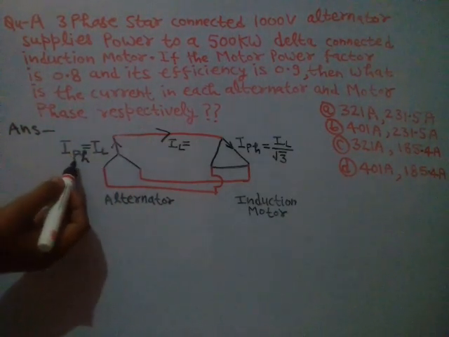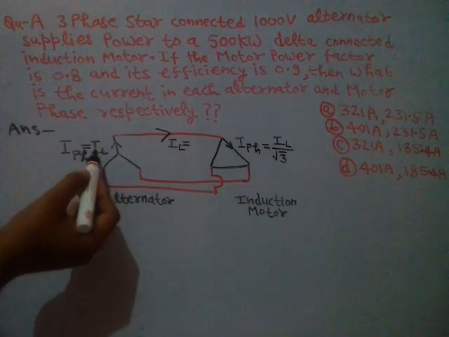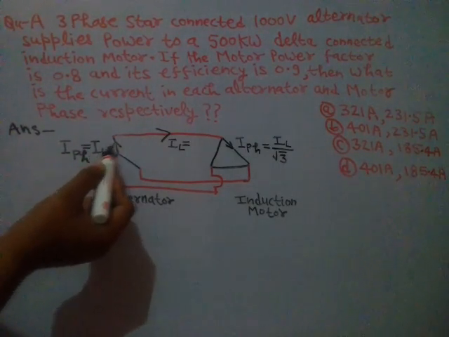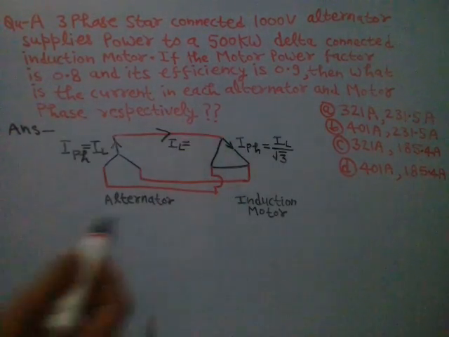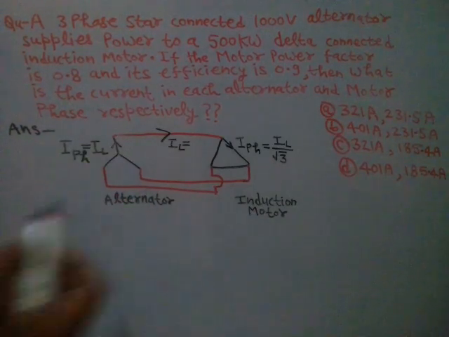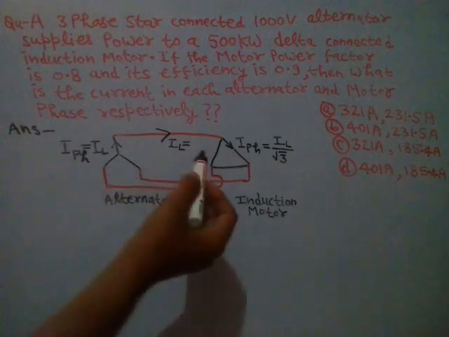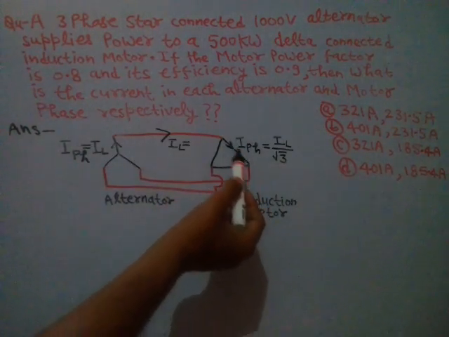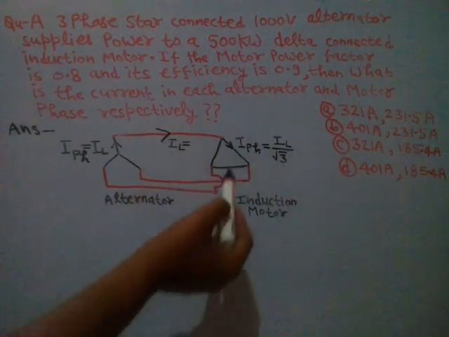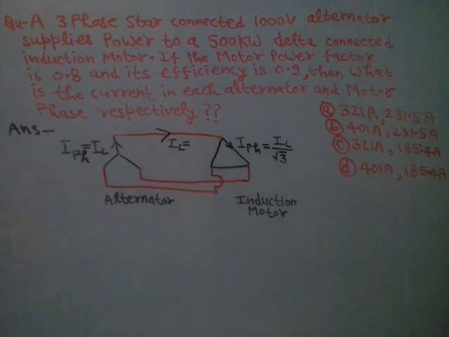So IPH represents the phase current and IL is the line current. Once we calculate the line current, we can then calculate the respective phase current.